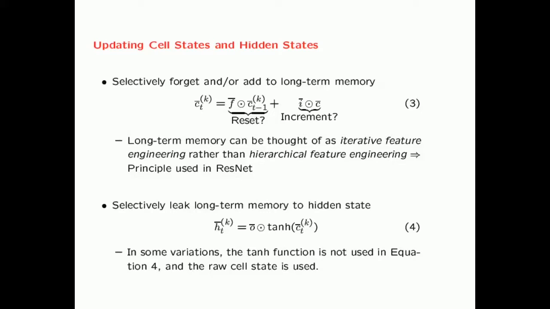That's hierarchy. Here it's iterative feature engineering, and this principle is very useful for deeper networks. And in fact, as we'll see in a later lecture, there is a convolutional neural network called ResNet, where you can get hundreds of layers by using this similar principle of iterative feature engineering. So this is the reason why long-term memory is so stable, because you're always copying from layer to layer.